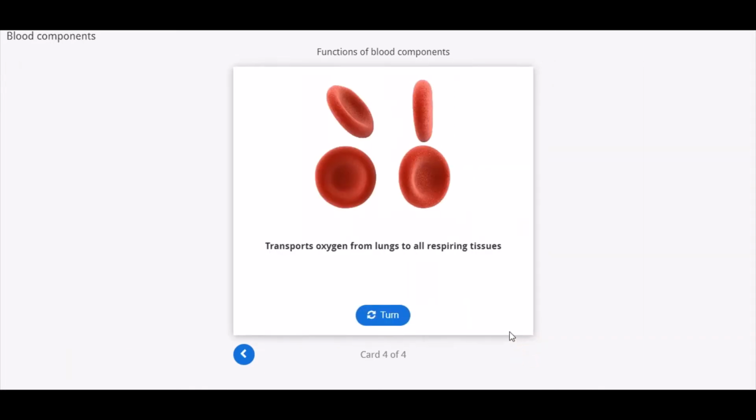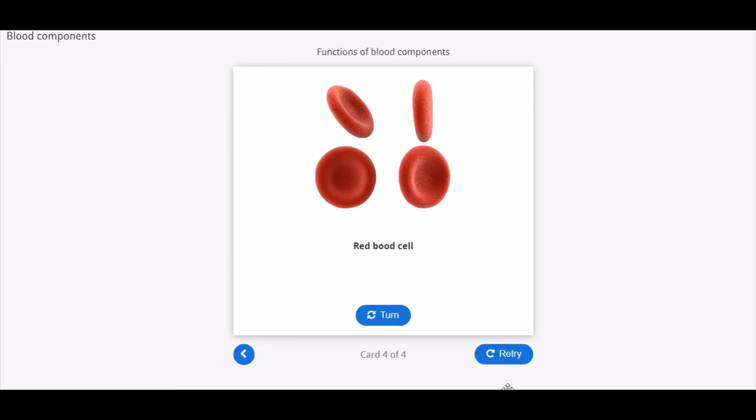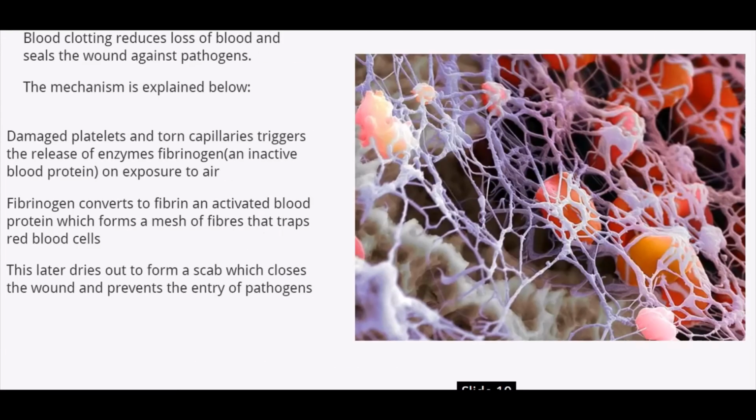This component of the blood is showing us a blood component that transports oxygen from lungs to all respiring tissues. This is the red blood cell. Blood clotting reduces loss of blood and seals the wound against pathogens. The mechanism of how this is done is explained below.